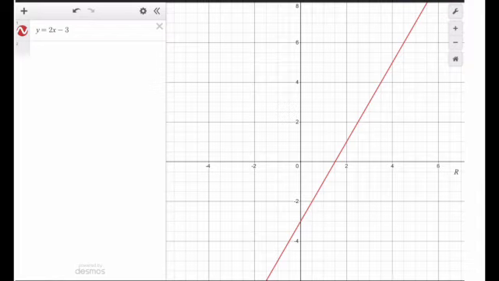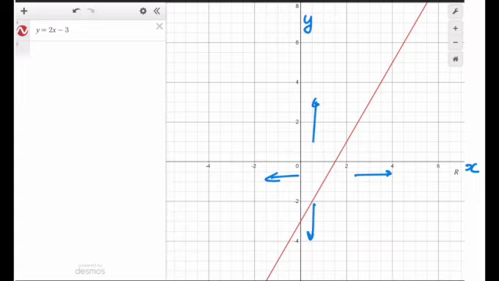Let's have a look at another linear graph, this time y equals 2x minus 3. Now once again we can see that if you look at that red line representing the line graph, we can have x values along all the positive x-axis, and likewise we can have values along the negative x-axis. There's no restriction in terms of what we can put in. And in terms of what comes out, it could be any positive y number and any negative y number as well.